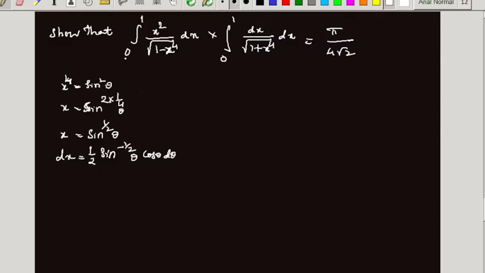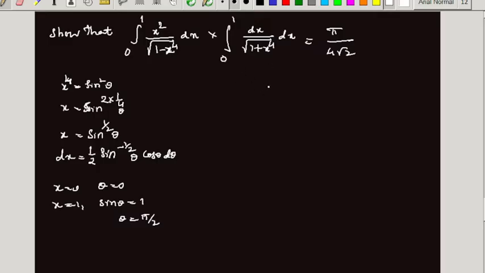So here x is 0, if we substitute, theta is 0. x is 1, that is sin theta is 1, theta is pi by 2, sin 90 degree is 1.